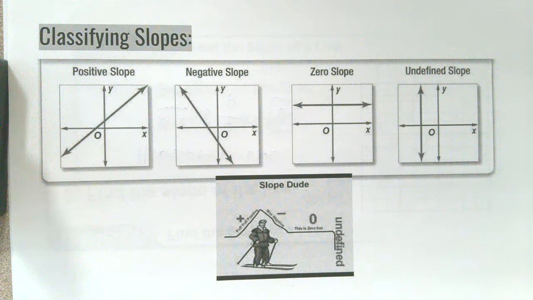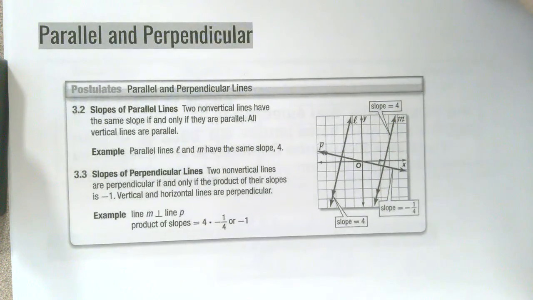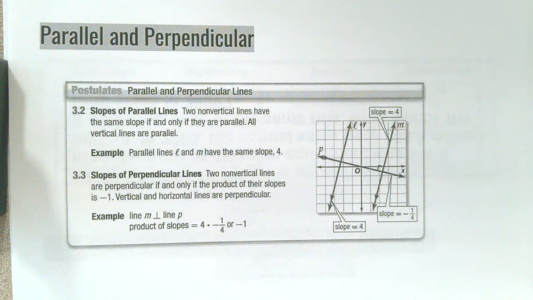The next topic we're going to talk about, and this is kind of our next point of interest here, is understanding the difference between parallel and perpendicular. So our slopes can tell us if lines are parallel or perpendicular.